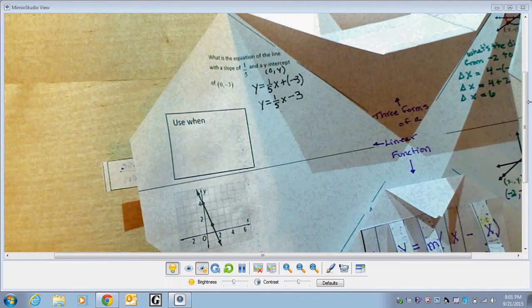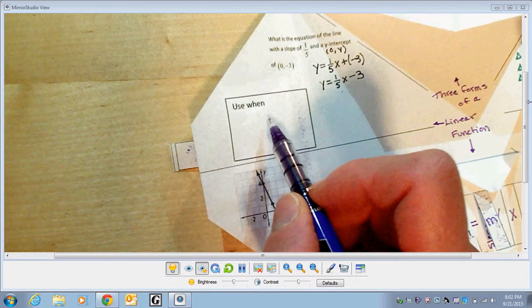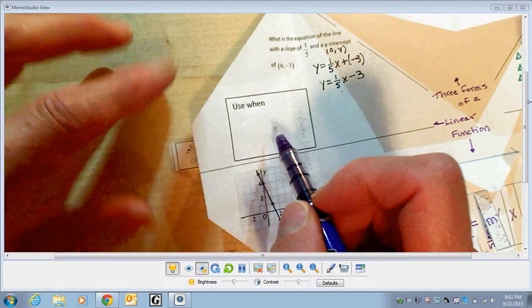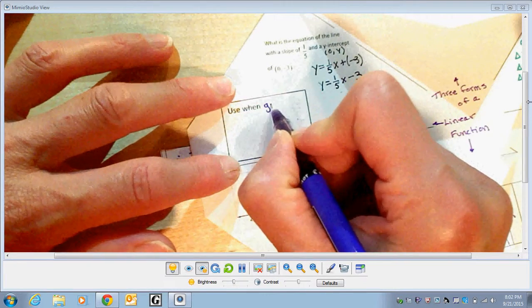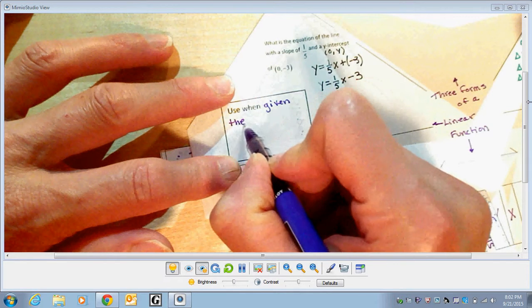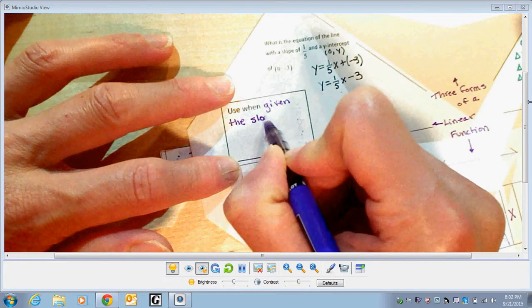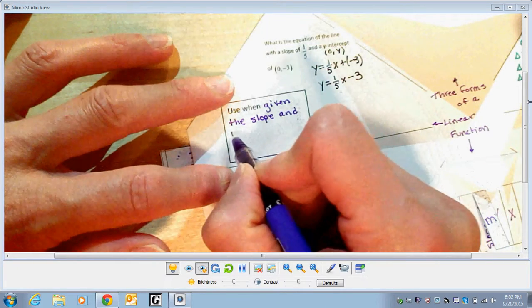But let's go ahead and write about when we would use the slope-intercept form. So we're going to use it when given the slope and the y-intercept.